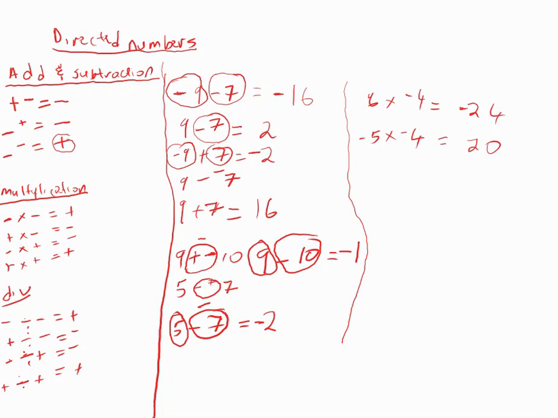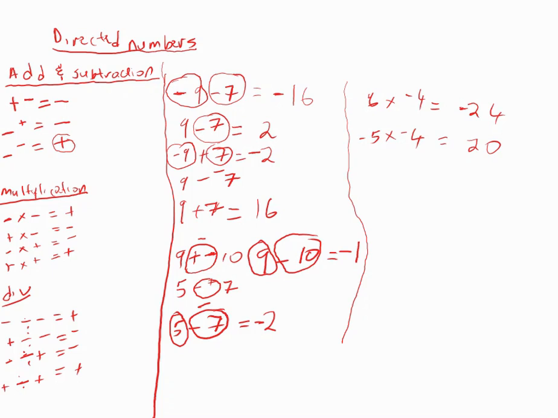So our answer is going to be positive. We can write it as a positive 20, or we can leave it as 20 like this, because we know that when the number is written like this, it's a positive number, right? So we can go to division.